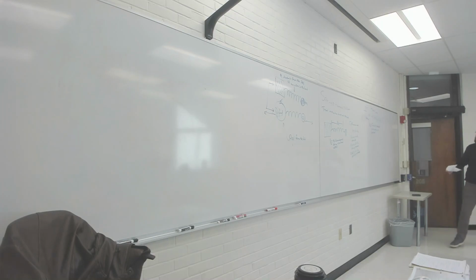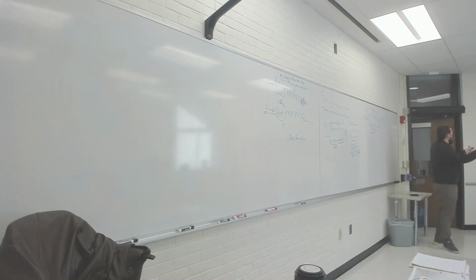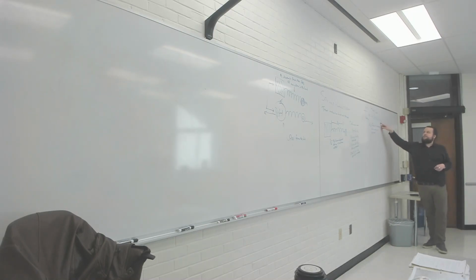So the idea is that in order to displace the spring, let's say we want to double the length, we have to put in a force of 2 times kx. So if we want to go from x equals 0 to 2L naught, then the total amount of force is going to be minus 2kL naught.